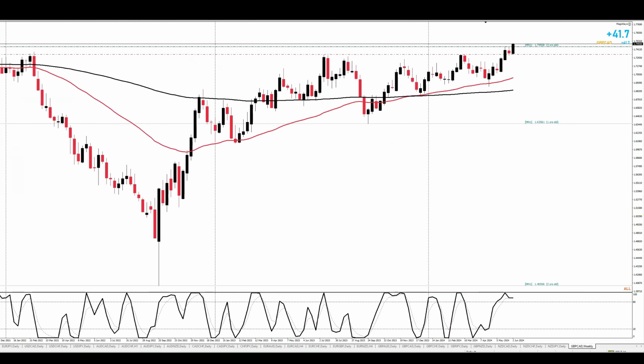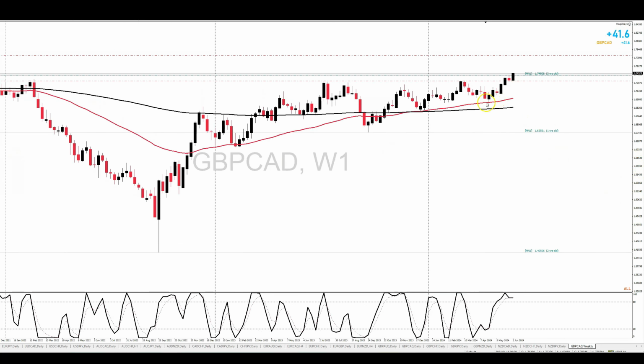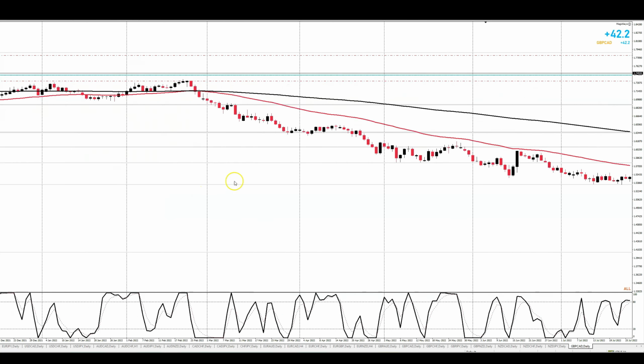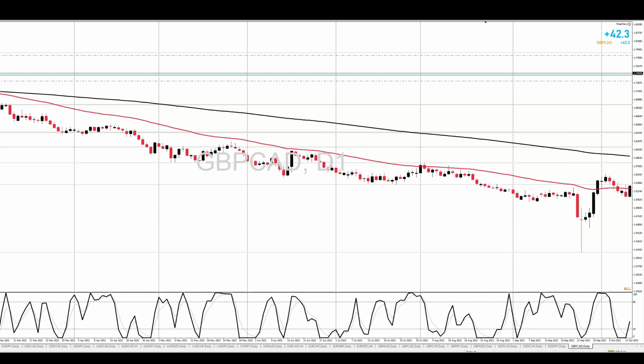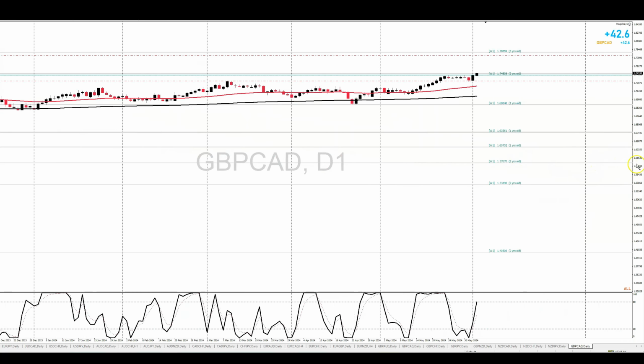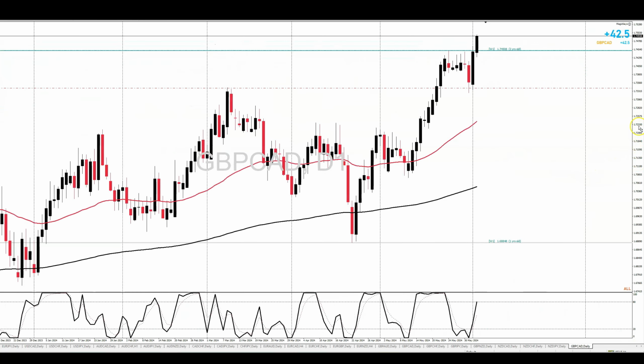And again, the weekly time frame is showing the same thing as the daily, right? And we know from line to line on that daily, that's a month worth of price action. So overall for the month, if I'm looking at the daily time frame, let me go back. I'm looking at the daily time frame on the month.